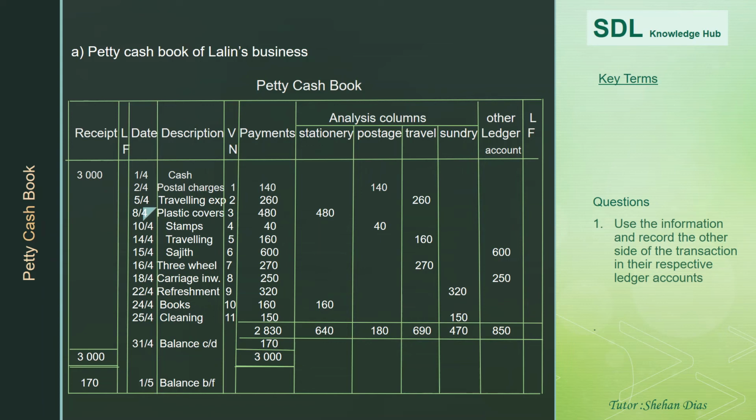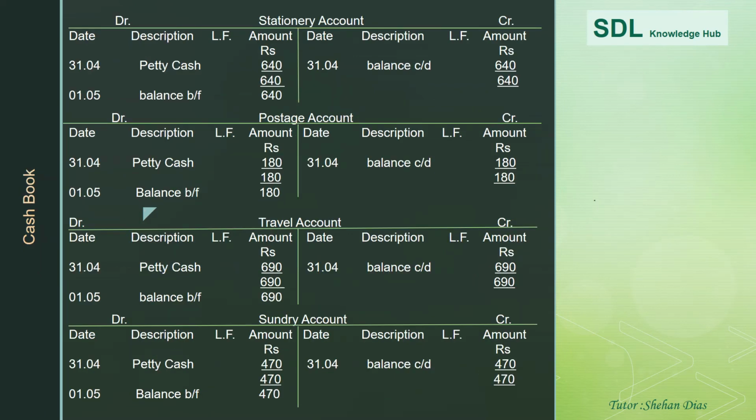Then we will also need to record the ledger accounts of these analysis columns and other ledger accounts. Based on the totals of each of the analysis columns, we can record in their individual ledger accounts. For stationery, the total is 640. So stating petty cash, we record it at the last date of the month and then balance the ledger account.